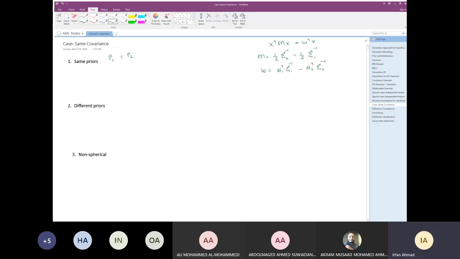So what if both the covariance matrices are the same? What type of decision boundary do you think you'll get? Any answer?